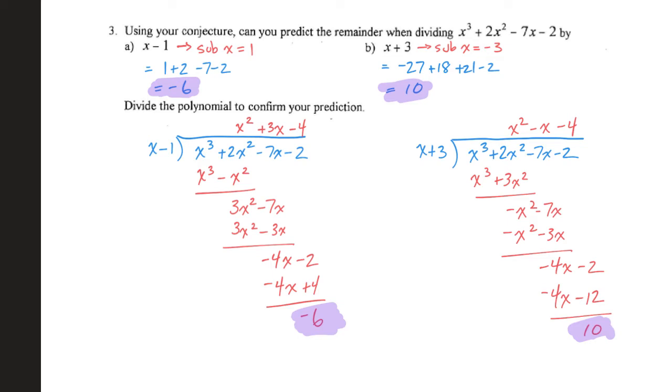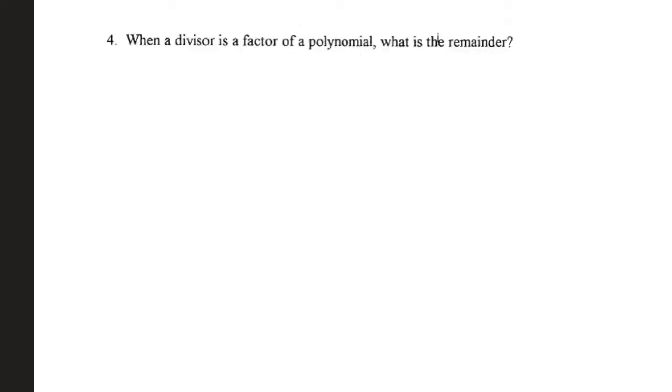It's still not enough to claim that this is always the case. In order for us to use this theorem, we need to be able to prove this theorem. So we're about to move into a proof. The last part I want to knock out is question 4 on your page. Take a second to ask: is something a factor or is something not a factor?